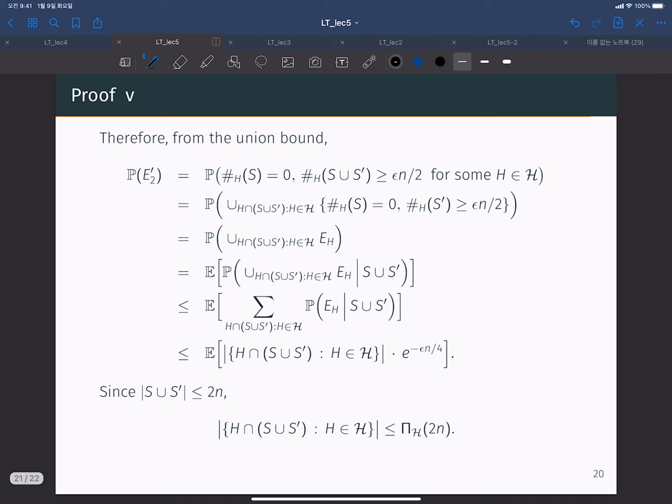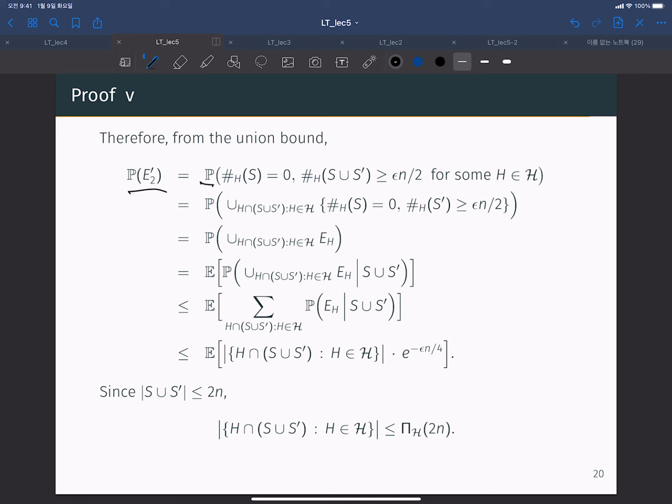And from the fact of our VC dimension, we know how many different hypotheses can be defined on a 2n size data set. So from that we can find the probability of E2.